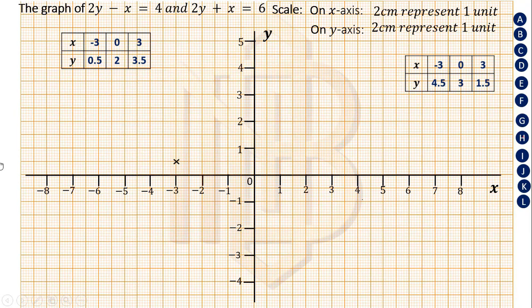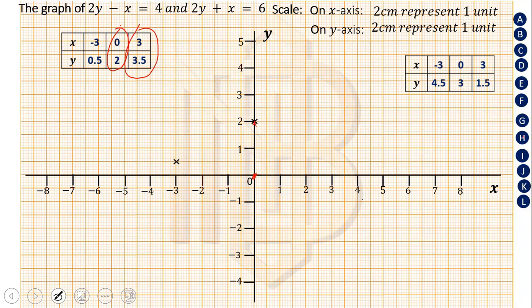Now, taking a look at the second point, that is, when x is equal to 0, which is here, y is equal to 2, which is here. So obviously, the point where they meet is that point, and that's where we're going to have our point. And the last point, which is 3 and 3.5.